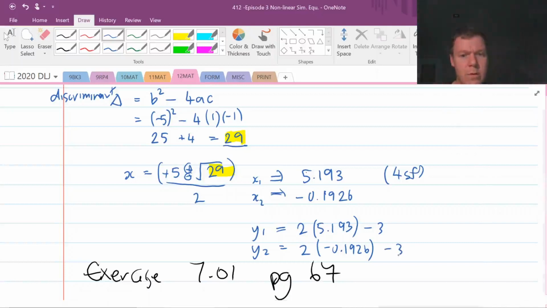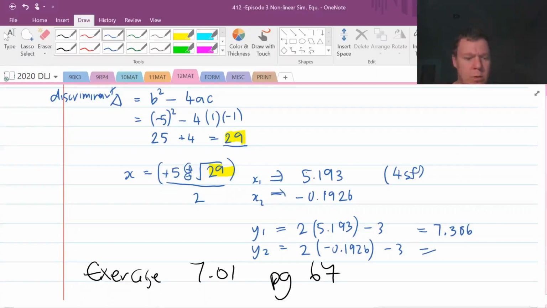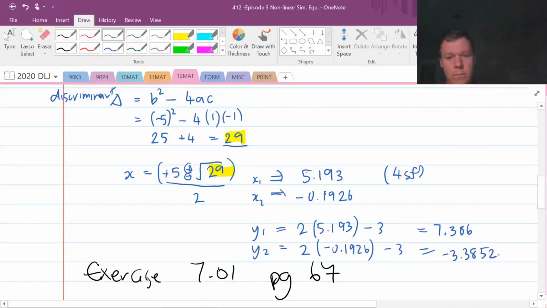Just quickly do those. 5.193 minus 3 gives 7.386, and this one is 2 times negative 0.1926 minus 3, which is negative 3.3852.